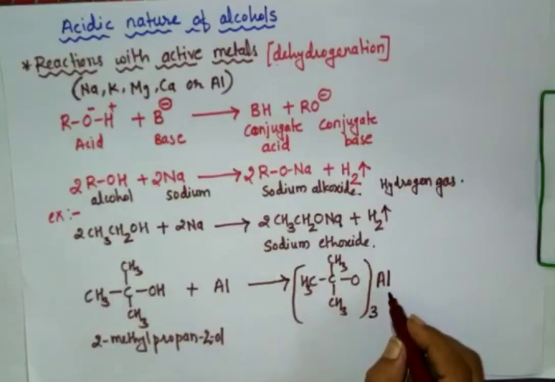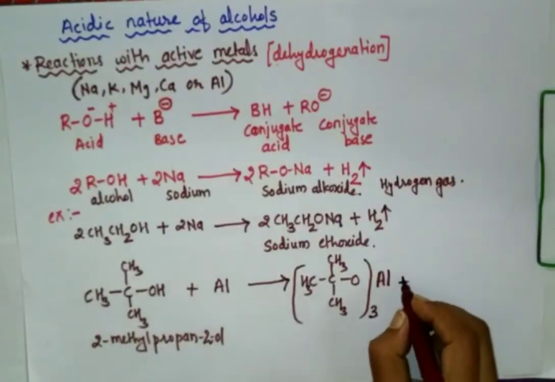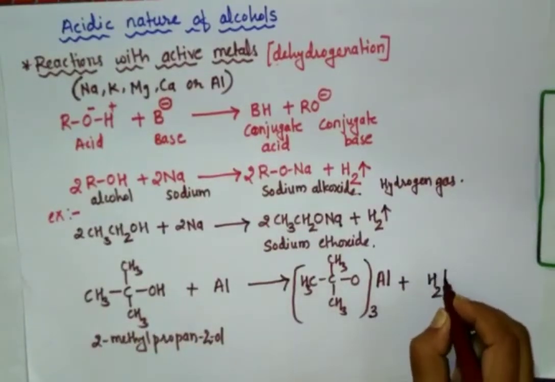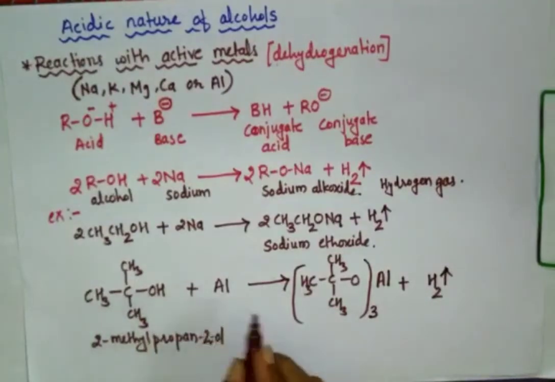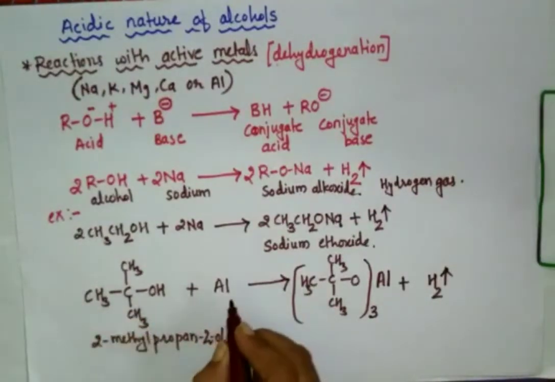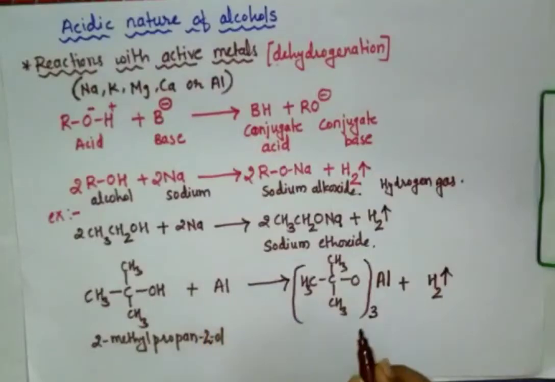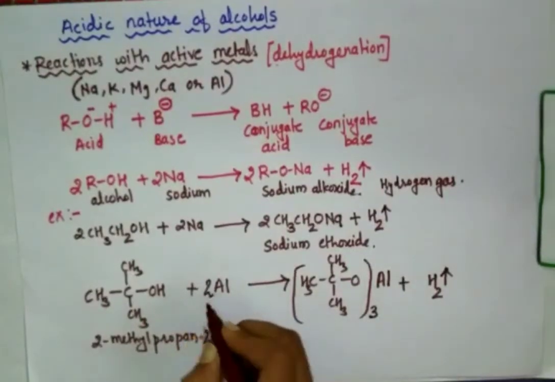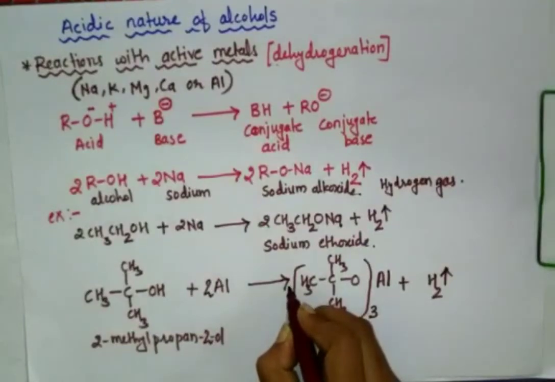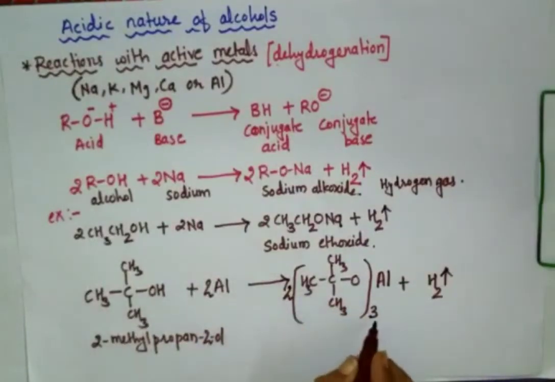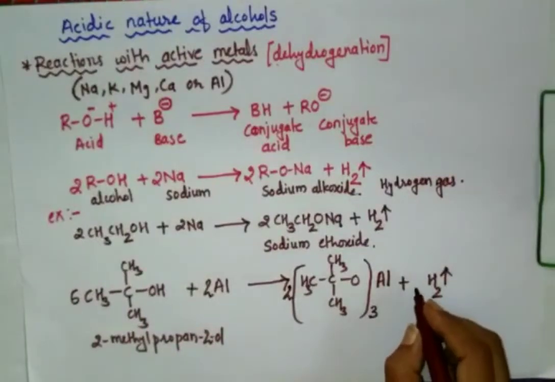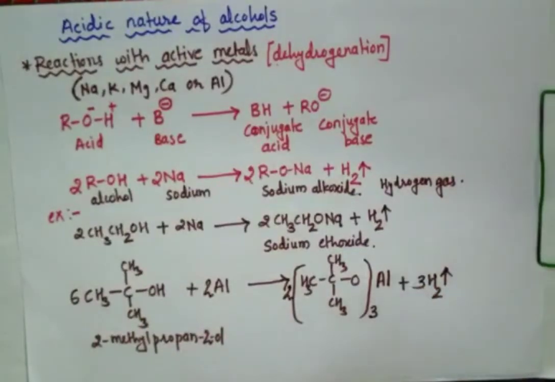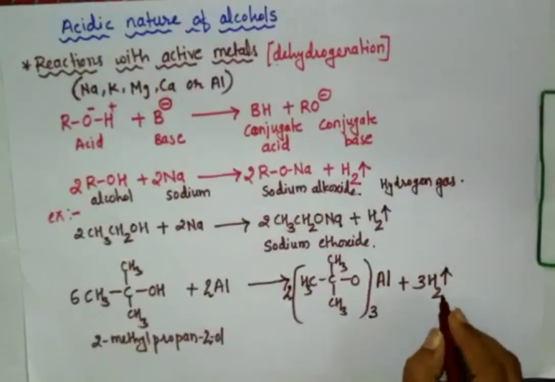So to form this, it requires hydrogen. If we balance this reaction, for 3 units we need 3 aluminium, so we have to take 2 aluminium. There is formation of 2, so 2 into 3 means it requires 6 alcohol units, and there is liberation of 3 hydrogen gas molecules.